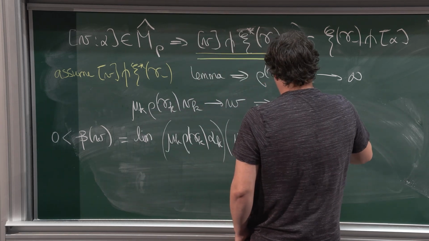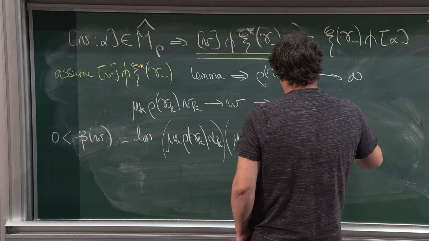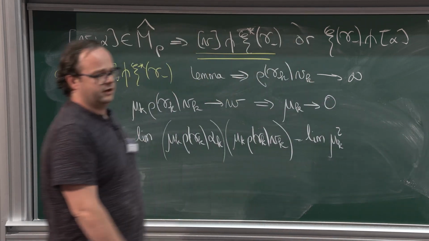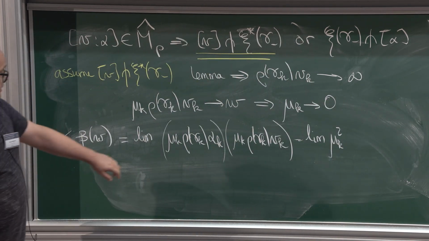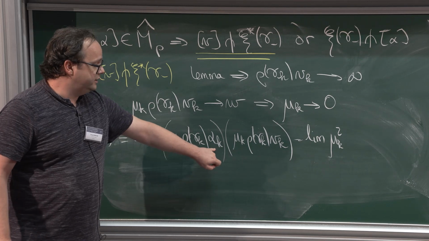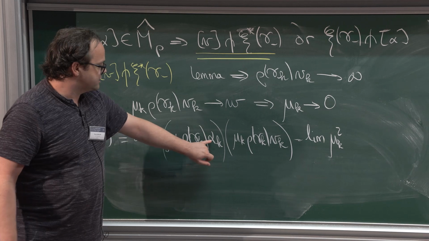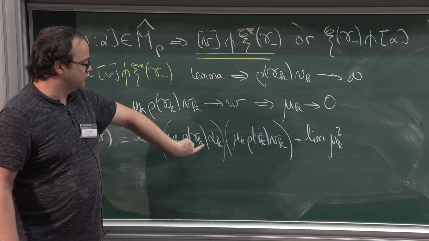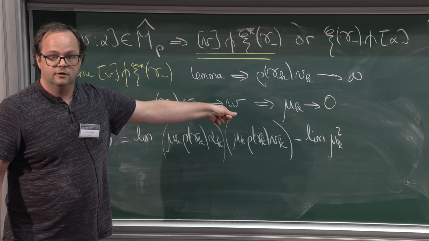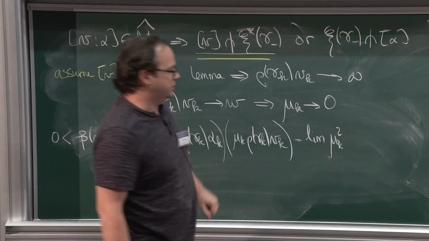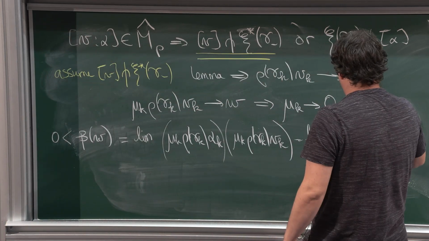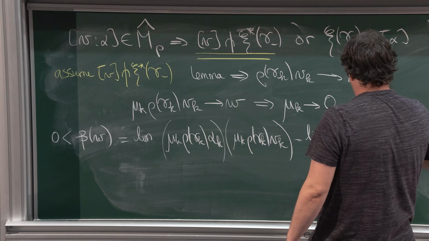So it's the limit of, you can get your mu_k squared out of there. And then you apply rho of gamma_k alpha_k to rho of gamma_k v_k. But by definition, this action on the linear form is composing with rho of gamma_k inverse. So the gamma_k's disappear in this formula. This is just alpha_k of v_k.